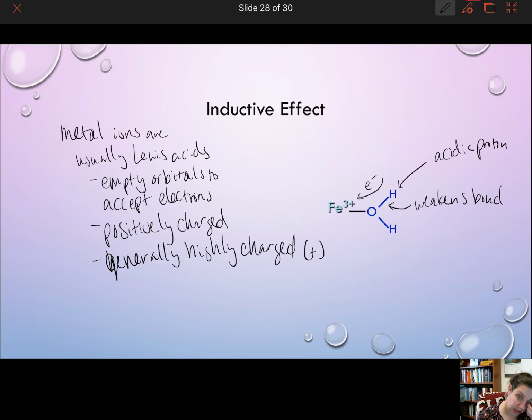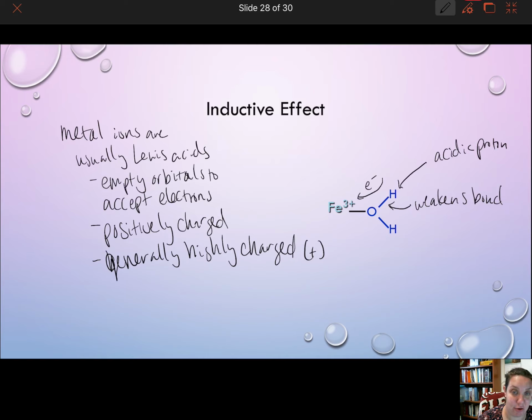Okay? So, when we have a highly charged metal ion, it attaches to a Lewis base. That Lewis base, its electron density goes towards that highly charged ion, and that weakens any oxygen-hydrogen or nitrogen-hydrogen bonds, making a very acidic proton.